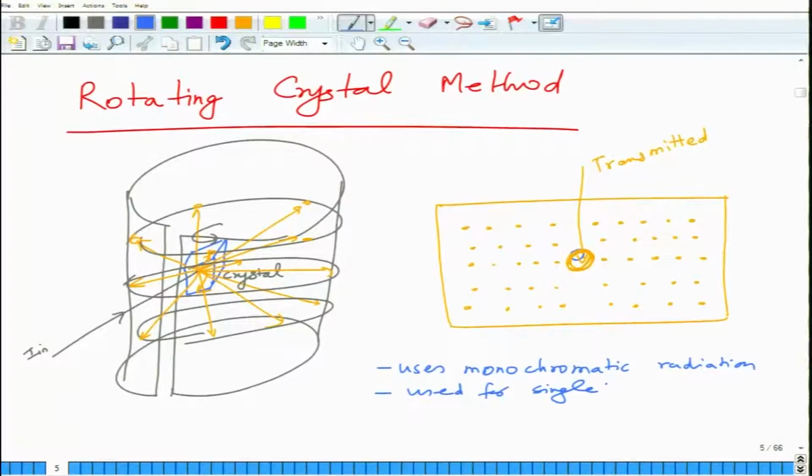Instead of using a white radiation, you use a rotating crystal here, okay, and it can be used for determining the crystal structures of unknown materials, okay. So, this is the rotating crystal method. These two methods are typically used for analyzing the structure of single crystals.